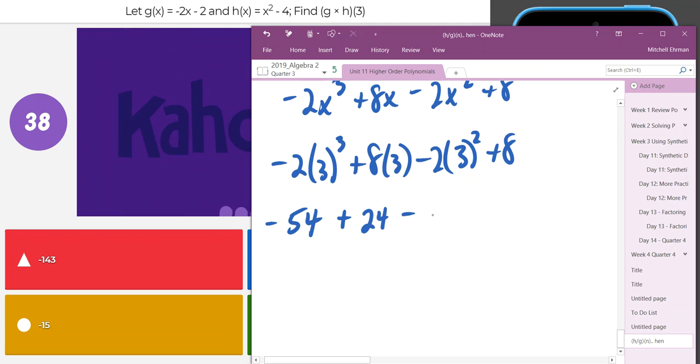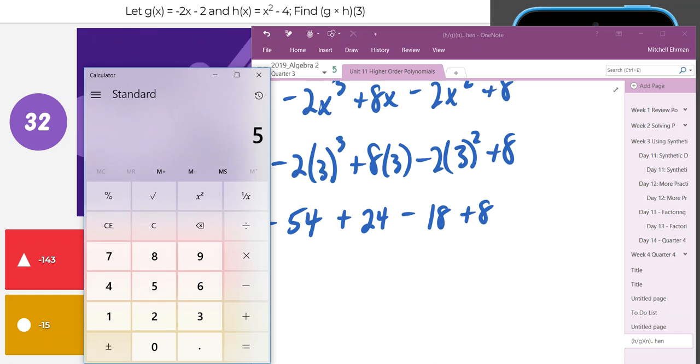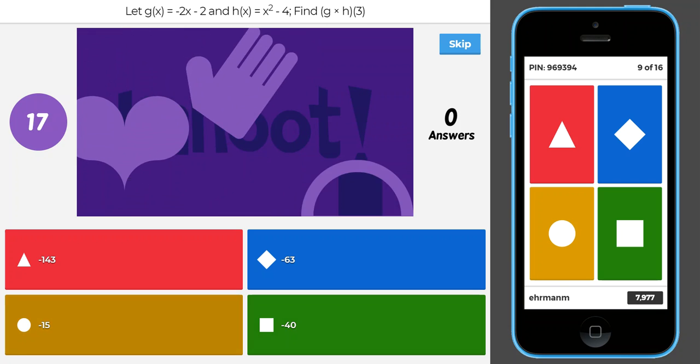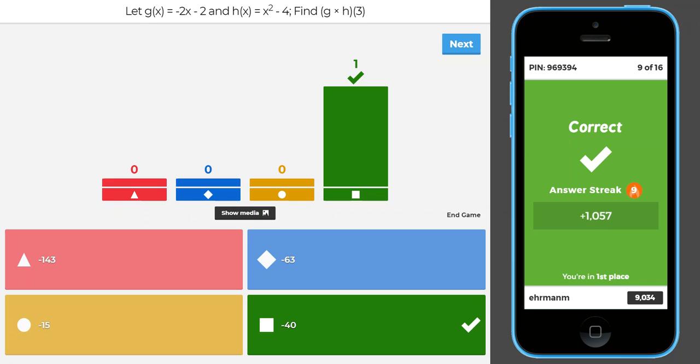Well, 2 times 9 is 18, so we've got this result here. Just to make things quick, we'll enter negative 54 plus 24 minus 18 plus 8, which is negative 40. So I'm looking for negative 40, and it looks like square is the choice. And there we go.